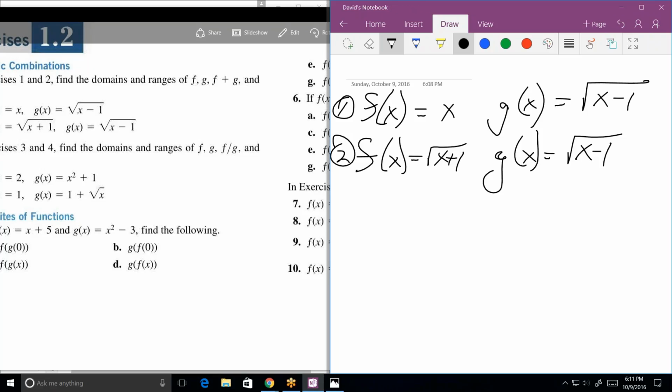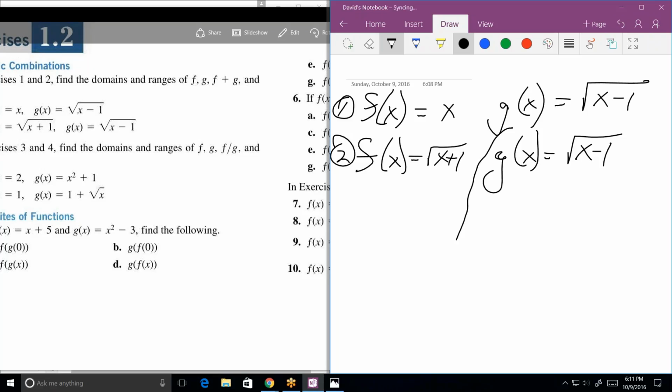When you're taking the square root of something, what has to be true? Can you take the square root of a negative number? No, you can't. It has to be positive. Well, it doesn't have to necessarily be positive. It has to be positive or 0. Or neutral. Yeah, so positive or neutral.